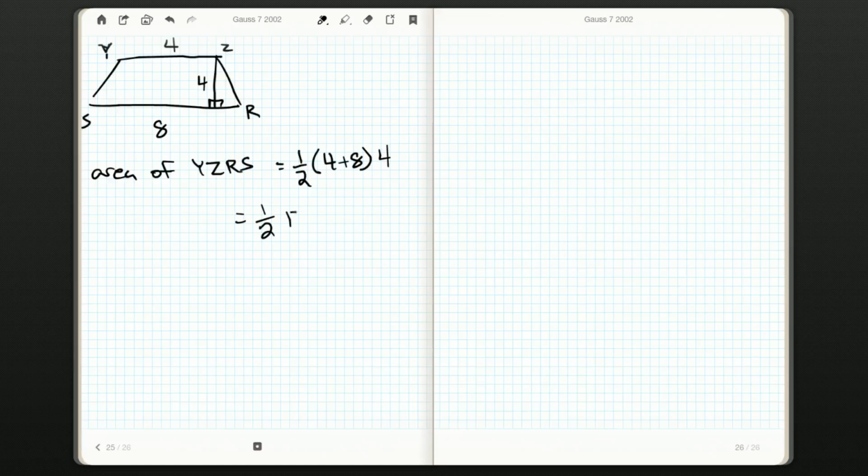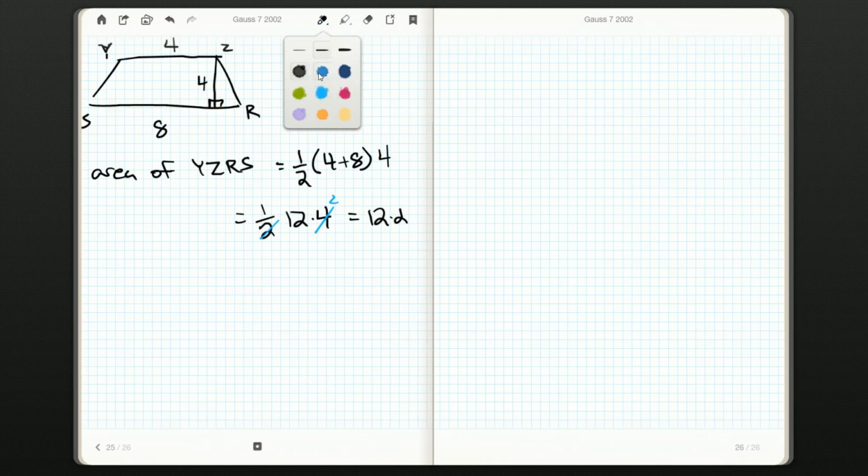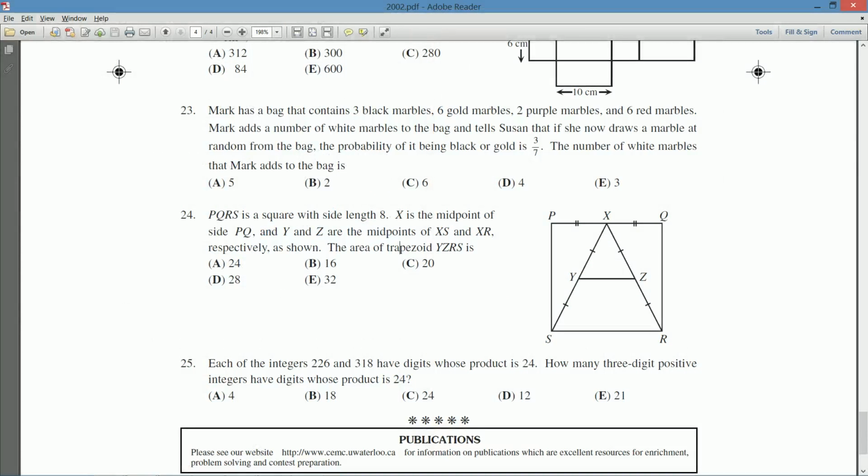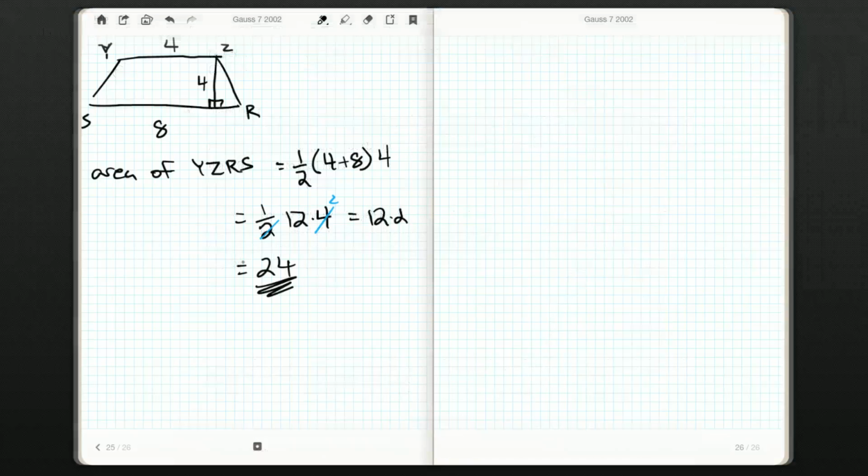That's 1/2 of 12, times 4, or the 1/2 cancels out with the 4, so that's 12 times 2, which should give us a final answer of 24. And that is our very first one, so that's A. Okay? So our answer for the trapezoid is going to be A.